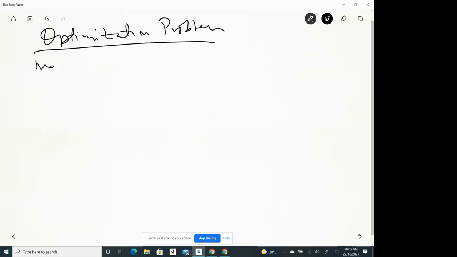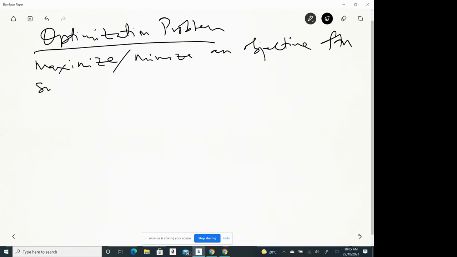Now, this is what we call an optimization problem: you want to maximize or minimize an objective, the objective function, subject to a set of constraints. So this is our optimization problem.